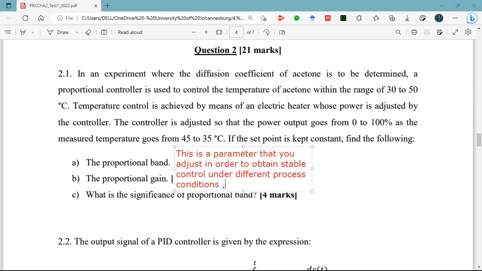Different process conditions are talking about those temperature changes that you're getting there, smaller or large. You can write it in your own words, such that the higher the PB, the lower the sensitivity of your controller. I hope you get that.